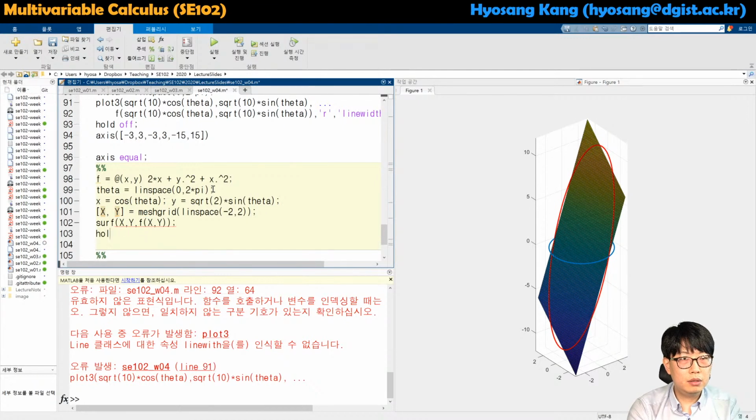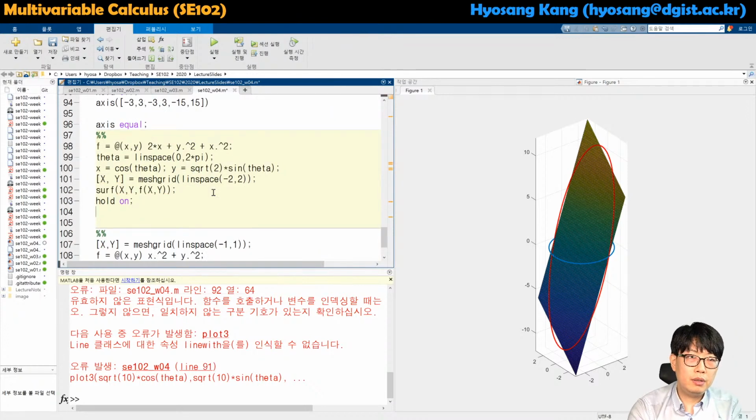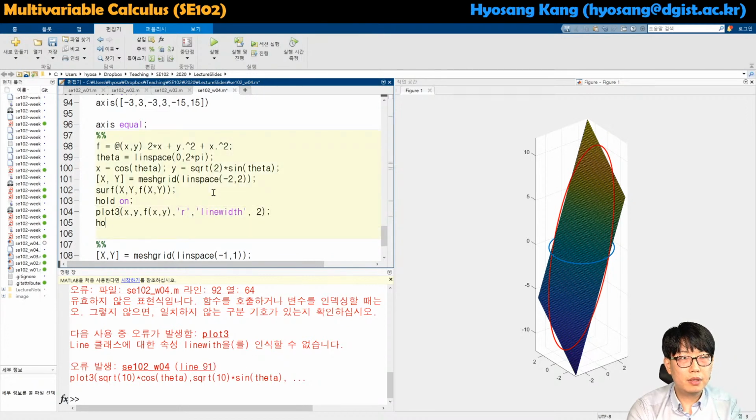Hold on to graph another one, and I'm going to plot3 x, y and f of x, y, and make it red and thicker, and hold off and make it equal.